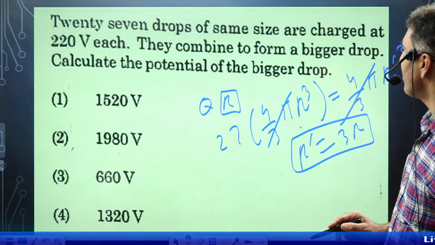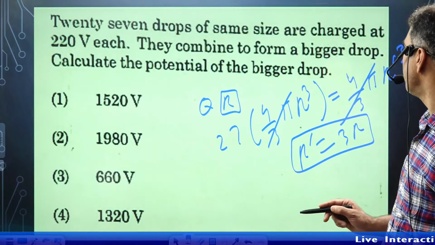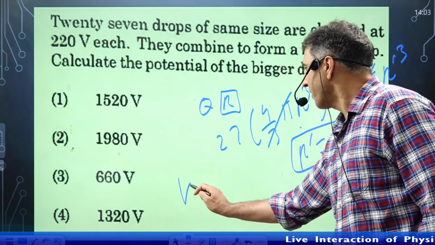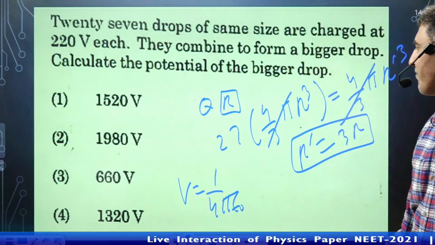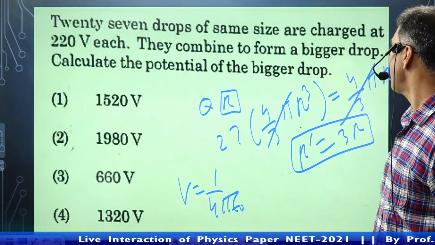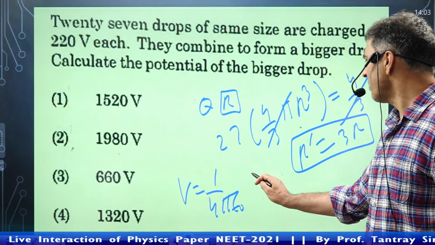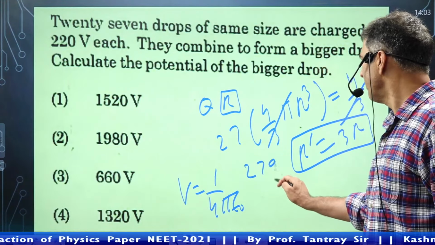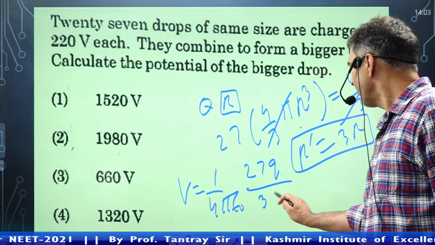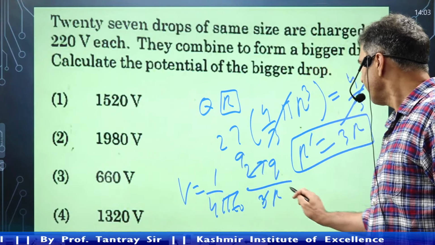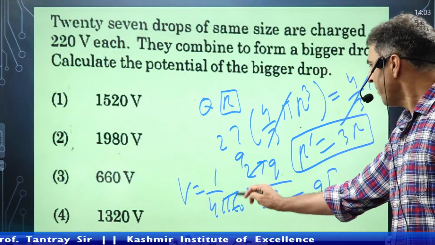Now, what's the potential of the bigger drop? The potential of the bigger drop is 1 by 4 pi epsilon naught times total charge. The charge of a single drop is q, so total charge is 27q, divided by the radius, that's 3R. That is 9 times 1 by 4 pi epsilon naught q by r.